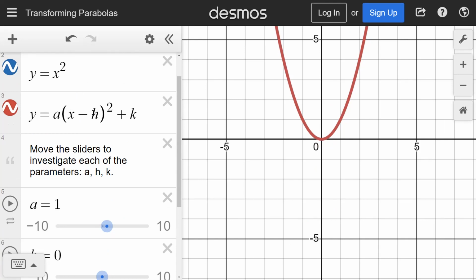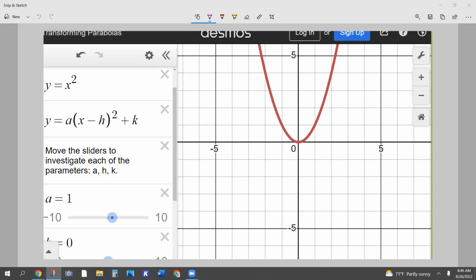What I want you guys to understand, and let me just grab this here, is when we are looking at this x minus h, and we were moving it, it seemed like, oh, if it was positive, we moved to the right. And if it was negative, we moved to the left.